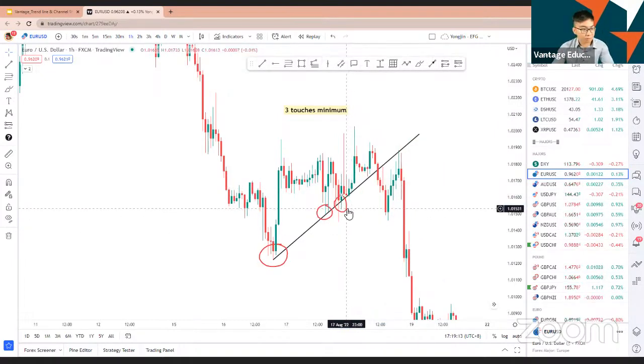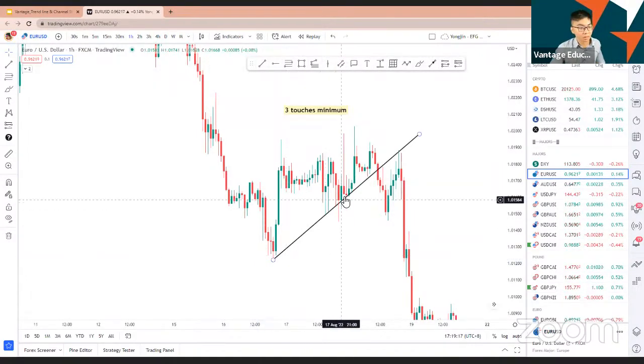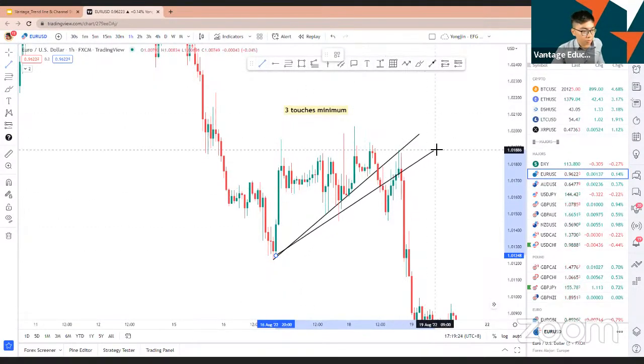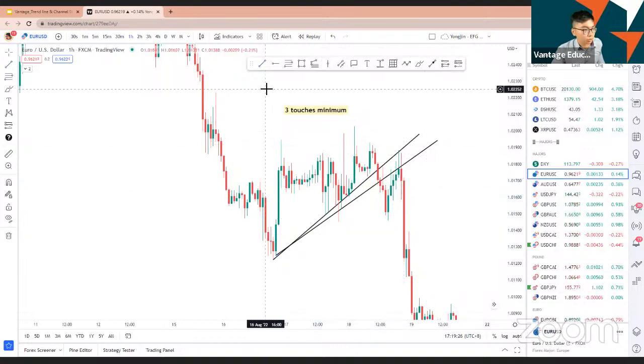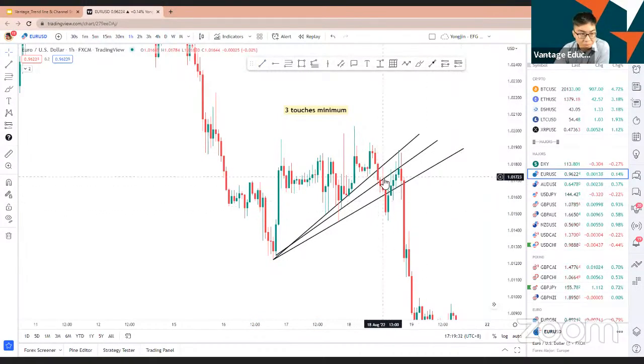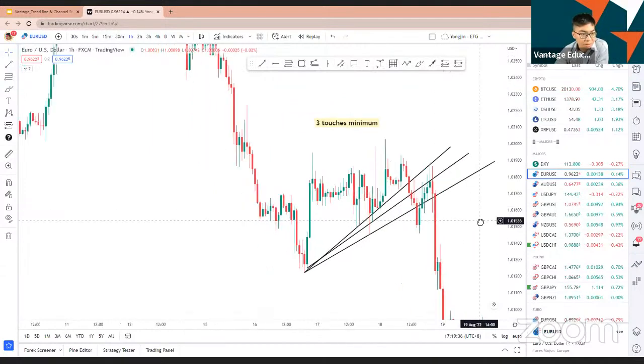It's very, very subjective. Everyone draws a trend line differently. Let's say one person draws like this, another person draws this way. I can draw it as many ways as I can, and the line somehow still works.